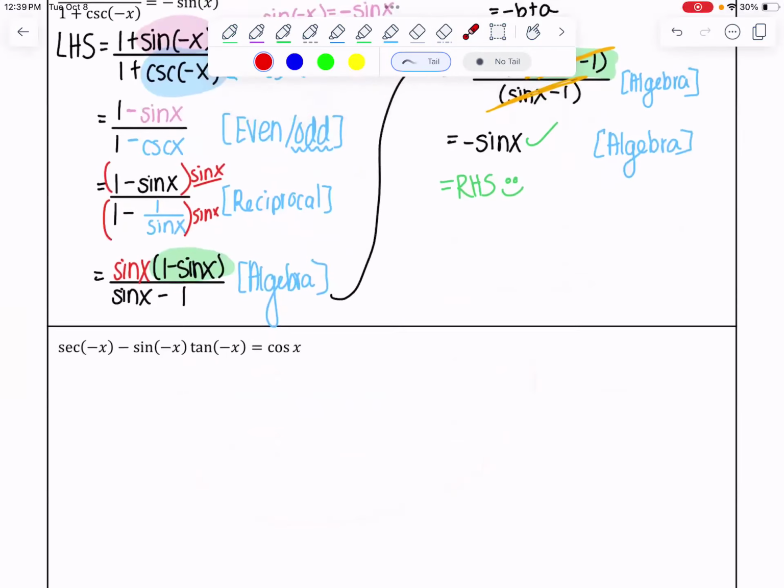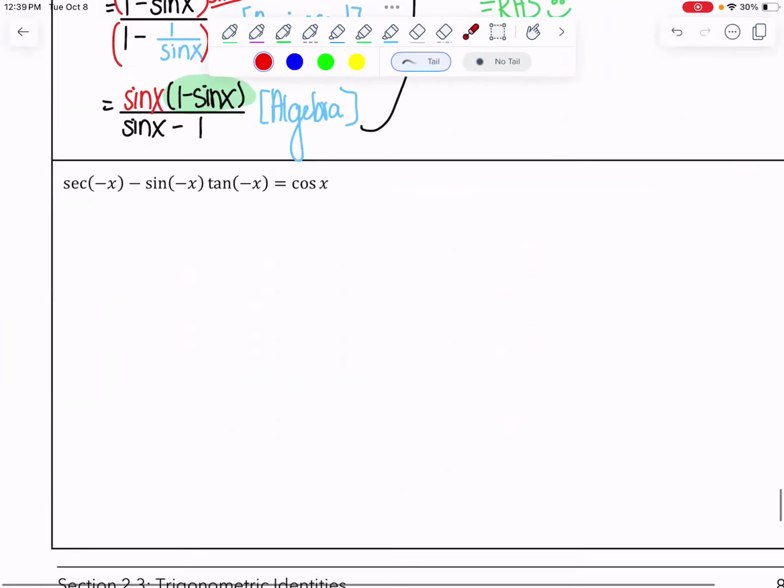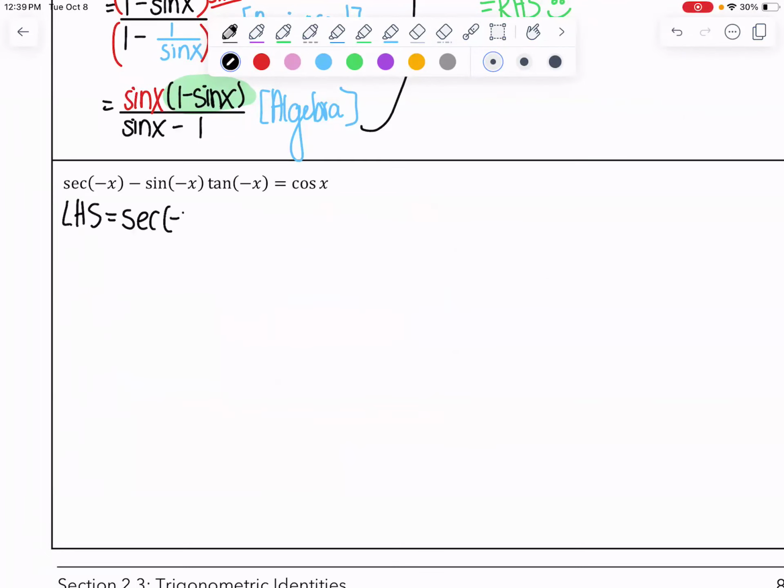Let's do it. We have secant of negative x minus sine of negative x, tangent negative x is equal to cosine x. Our left-hand side is secant of negative x minus sine of negative x, tangent negative x. And I know that cosine and secant are both even functions.